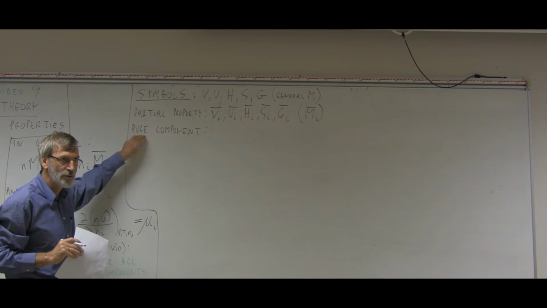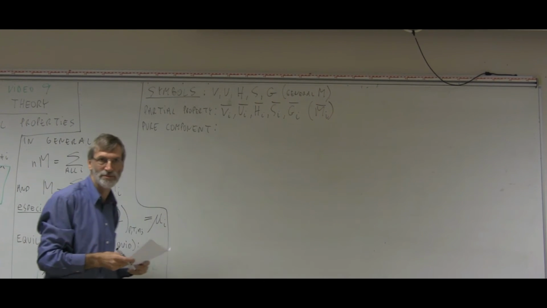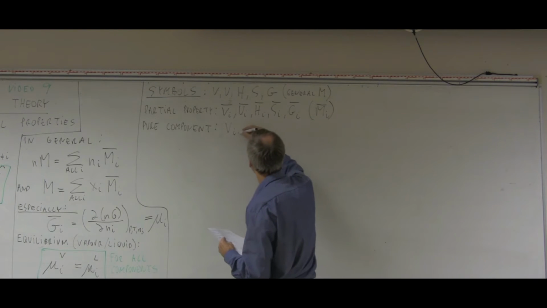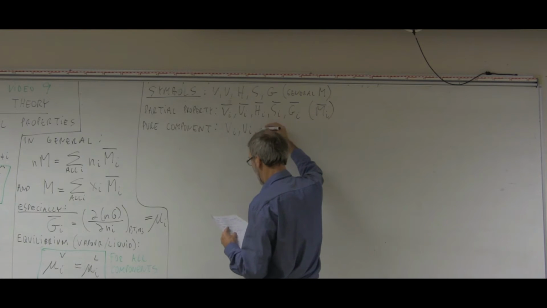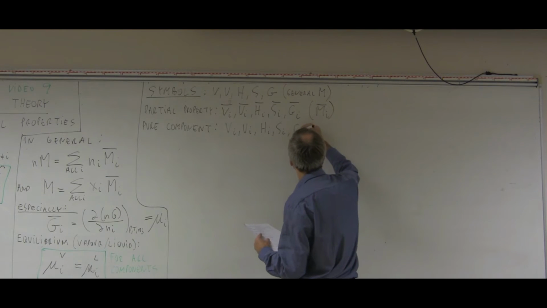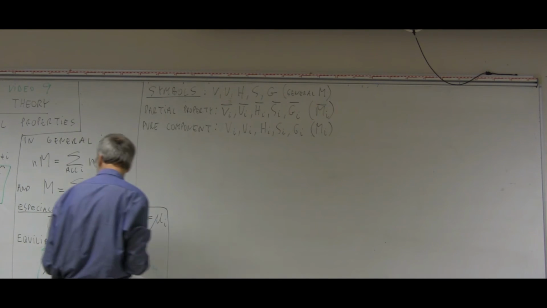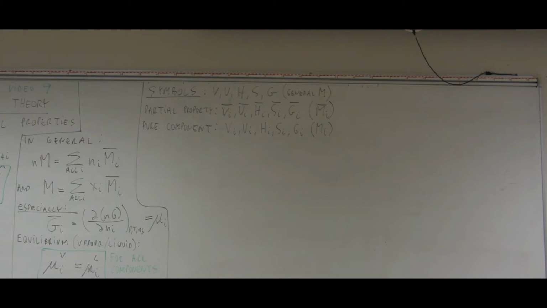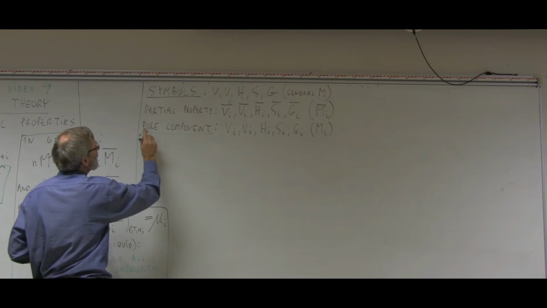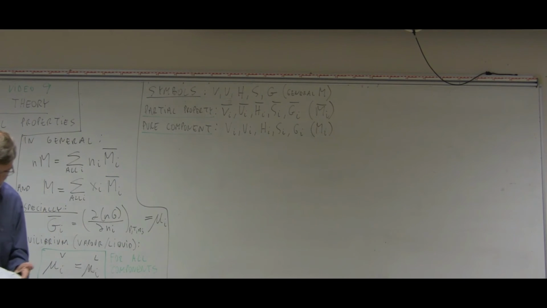There are different ways to use symbols for pure components, but in the textbook, and I will also use Vi, Ui, Hi, Si, Gi, and also Mi for the pure component, and these are symbols for the partial properties.